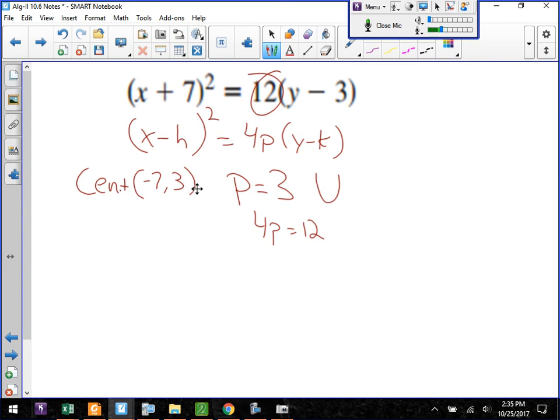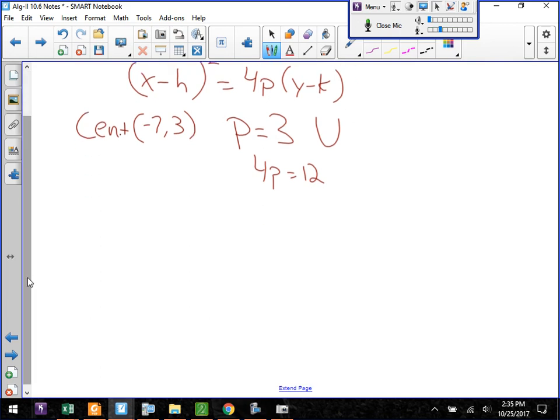You're right. The p-value is always the distance from your vertex, or in this case, our center, to our focus. Okay. So when we plot this, there's my center.